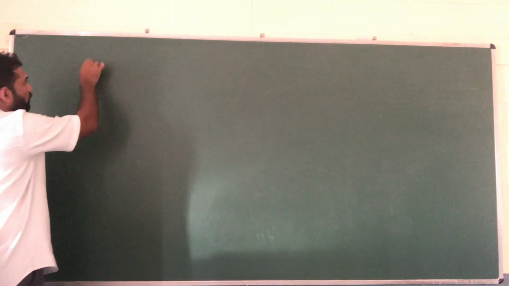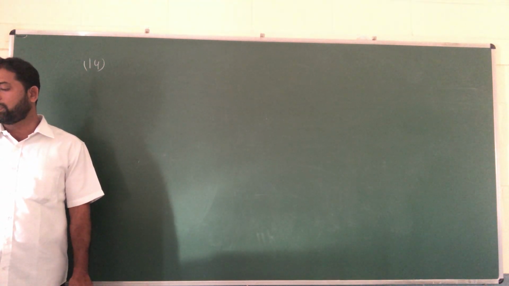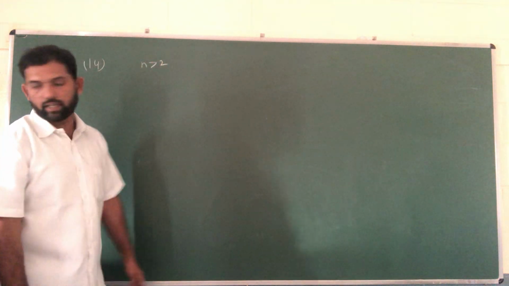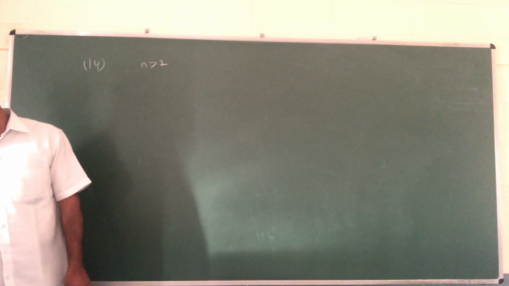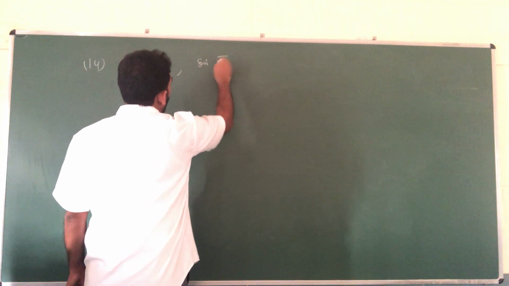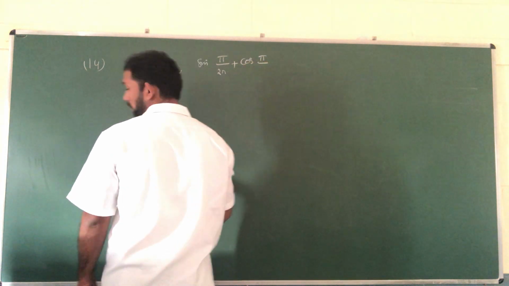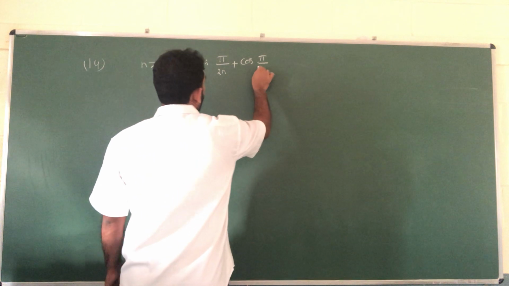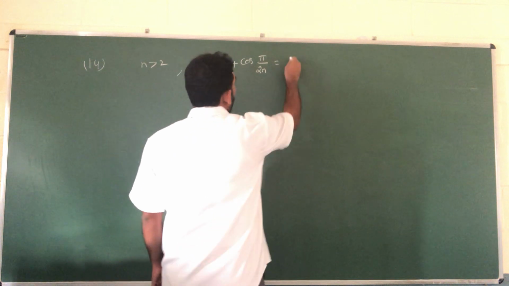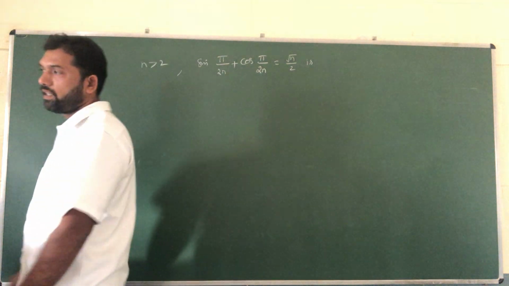The number of all possible integral values of n greater than 2 satisfying the given equation: sin pi by 2n plus cos pi by 2n is equal to root n divided by 2.